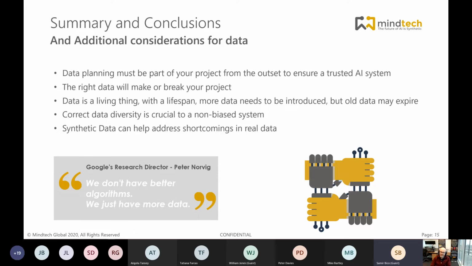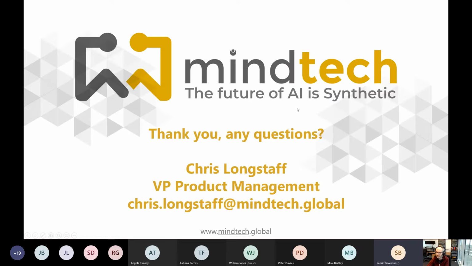And the use of synthetic data can help address any of the shortcomings that you may find in the real data sets. So with that, I'd like to thank you all for your time today, and please do feel free to contact me directly with any questions that you may have around data requirements.